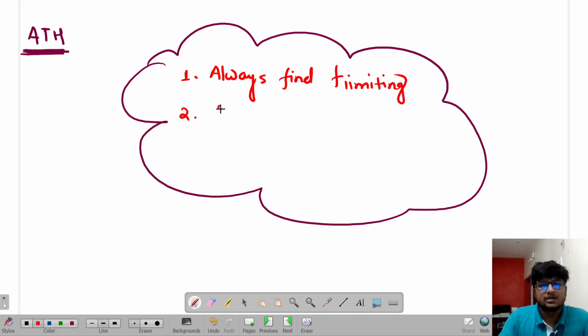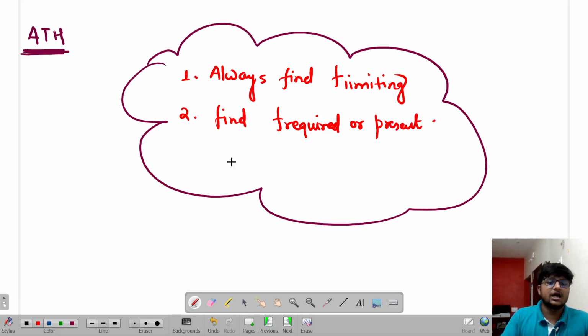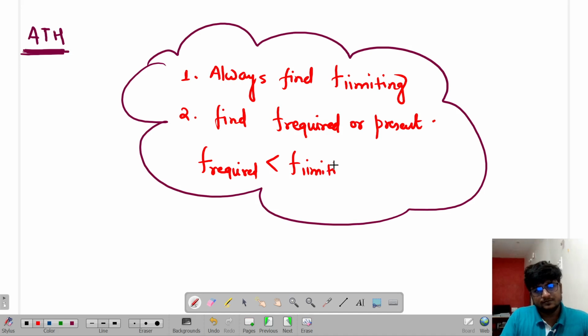The second step is to find the friction required on the body, or which is present. And then you have three different cases. If F required is less than F limiting, the body moves.